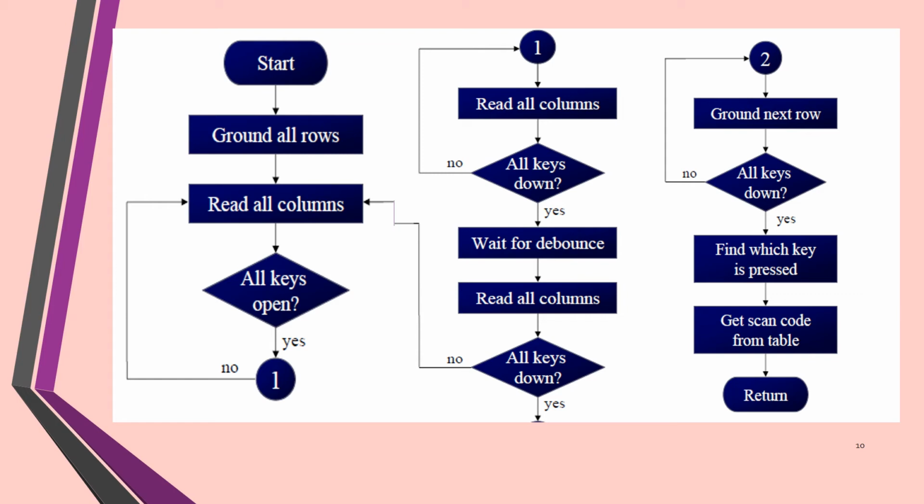So the arrow mark is indicated. And once all keys down is yes, then ground next row, find which key is pressed and get the scan code from the table. So the table is holding the respective key codes row wise.